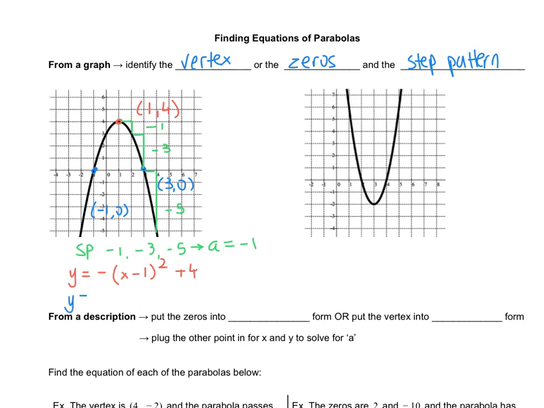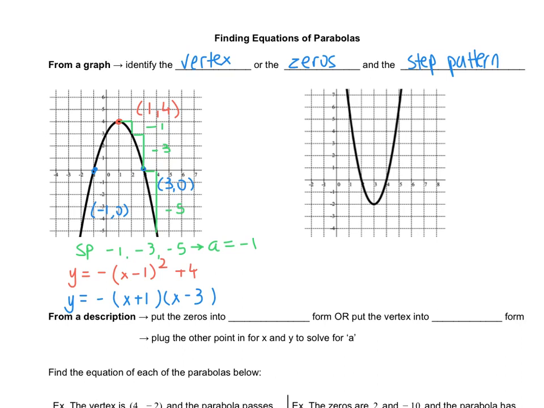If I want my factored form, I will again write that negative or -1 in front of my brackets, and then I'll set up my two brackets. For the zero that's at -1, I'm going to write x plus 1, and for the one at +3, I'll write x minus 3. And now I have my two equations. If I, however, wanted the standard form, I can just take either one of these and expand and simplify.